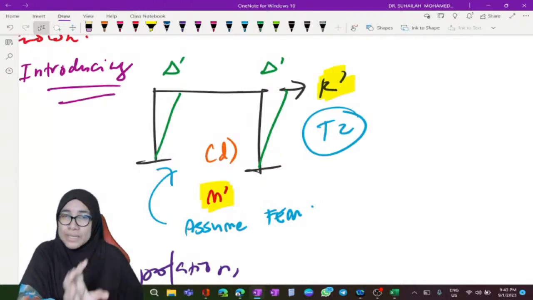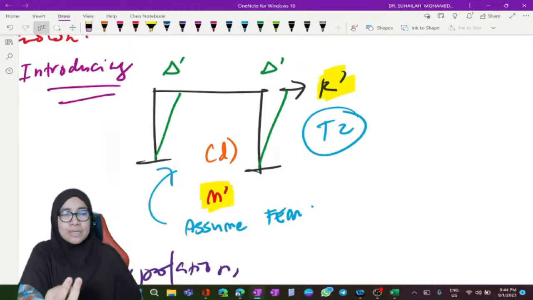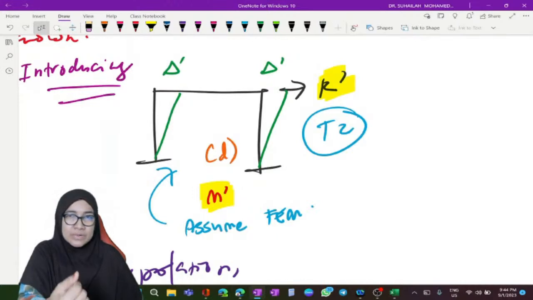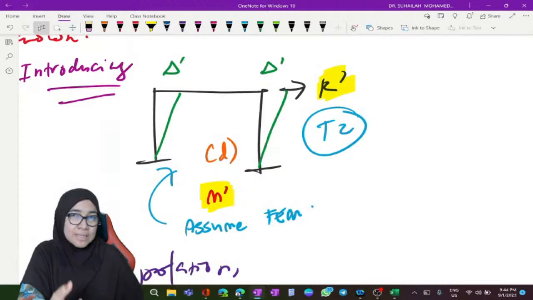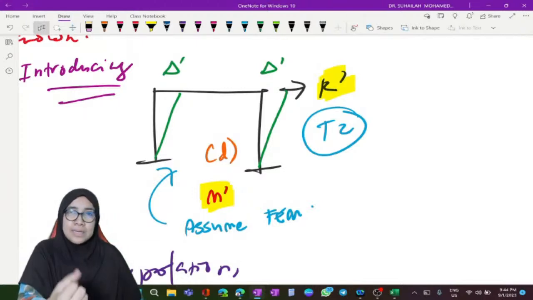In table 2, the label is always R prime for the restraining force, delta prime for the delta, and M prime for the end moment.